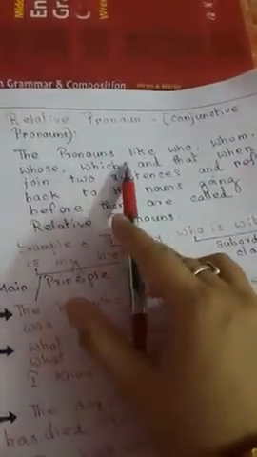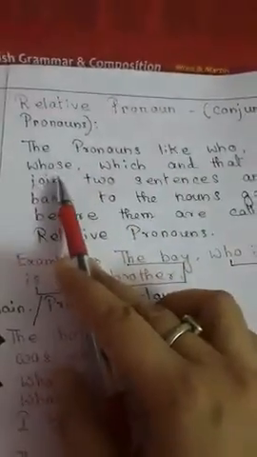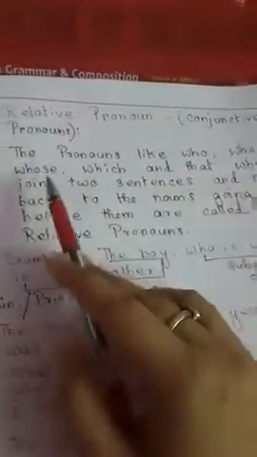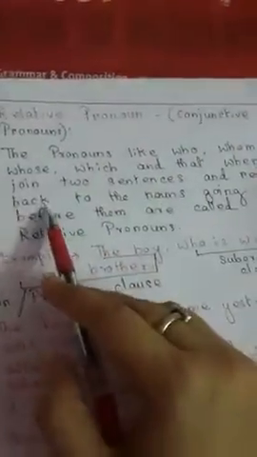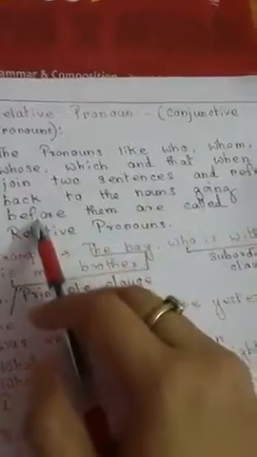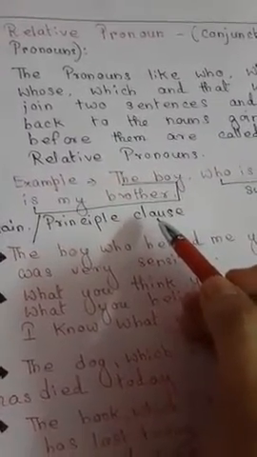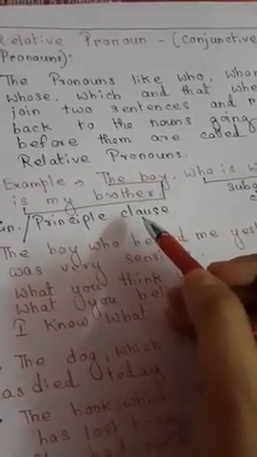So the pronouns like who, whom, whose, which, and that, when they join two sentences and refer back to the nouns going before them, are called relative pronouns. So relative pronouns are the words which are used to join two clauses of a sentence, means two parts of a sentence.